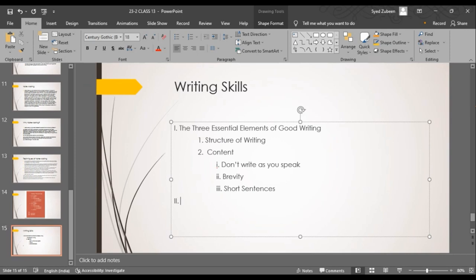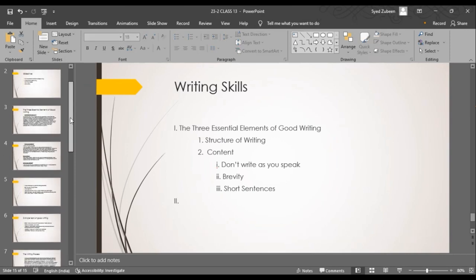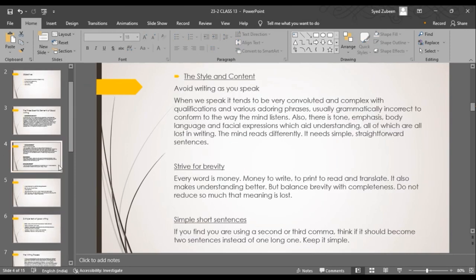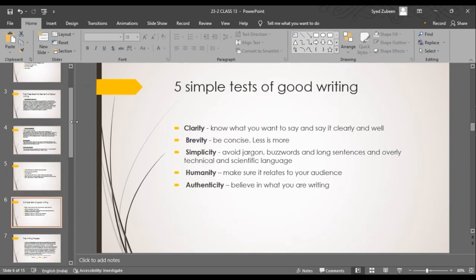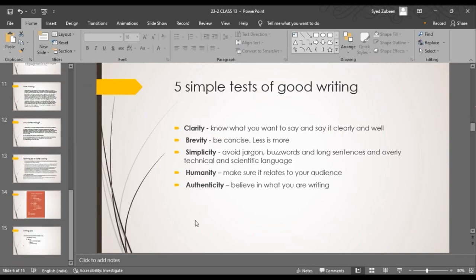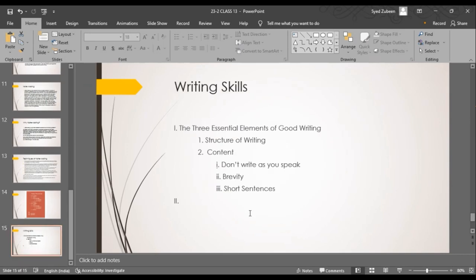Then number two, then what did we look at? We also looked at always check your grammar. Then the second thing we looked at is 5 simple steps of good writing.